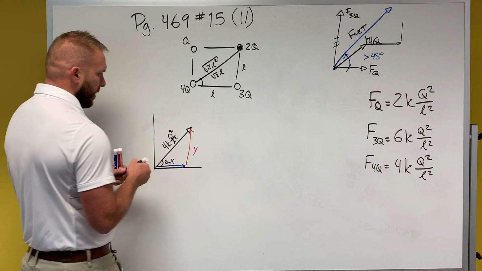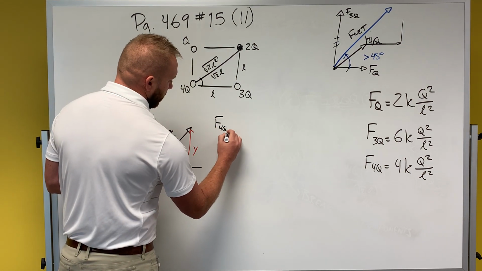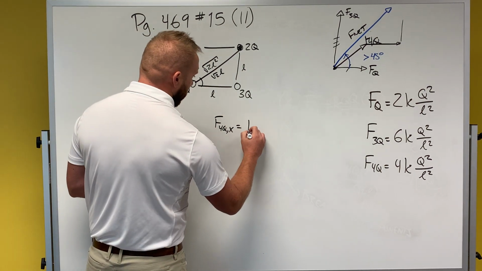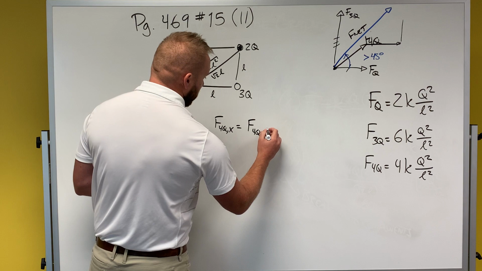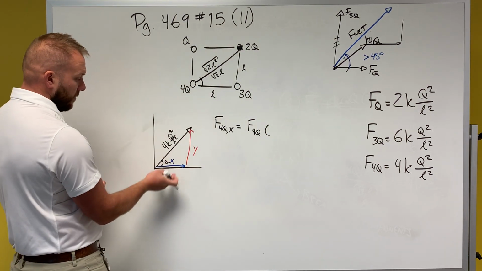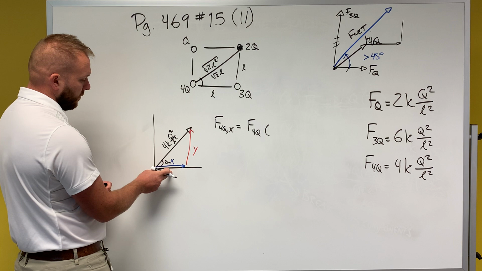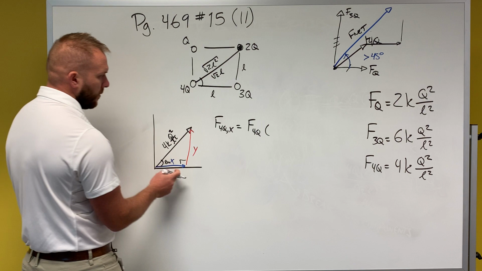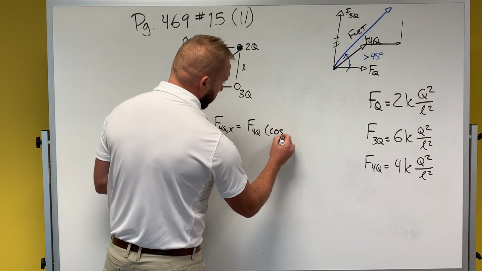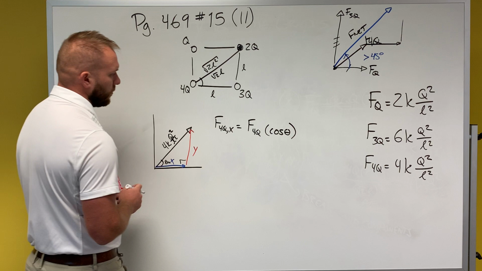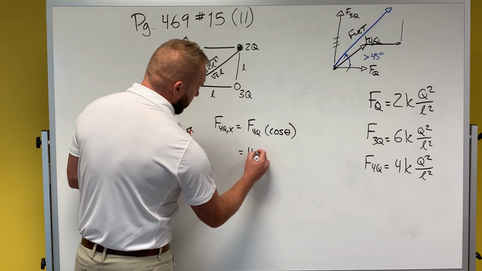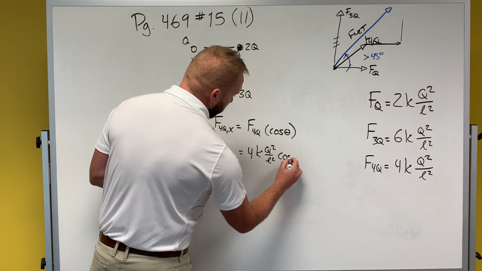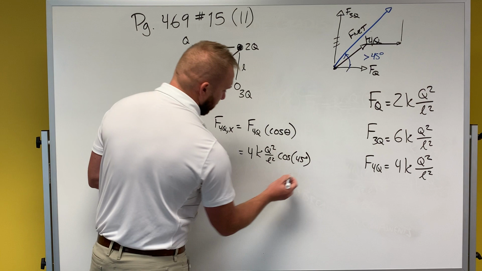So what I can do is say F4Q in the x is going to be F4Q times cosine of theta, since x is the adjacent side and this is my hypotenuse, in my right triangle there, right? This is 4kq squared over L squared times the cosine of 45 degrees.